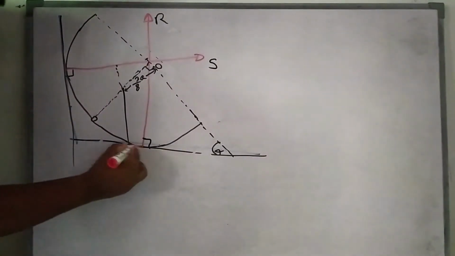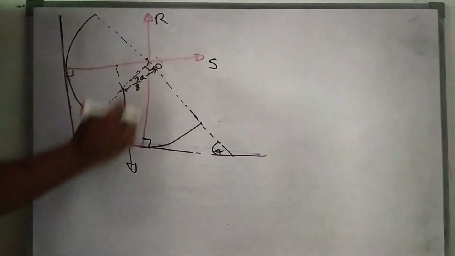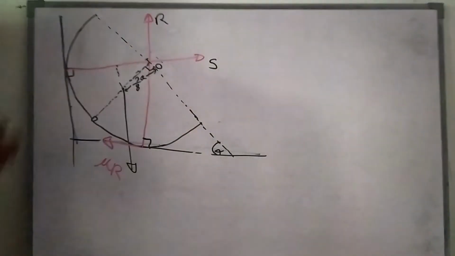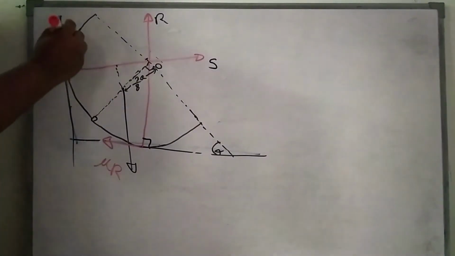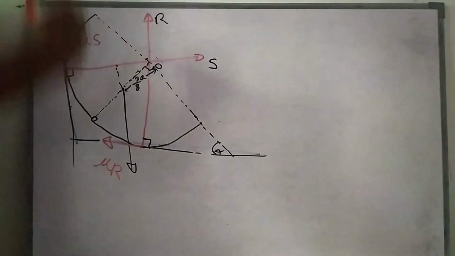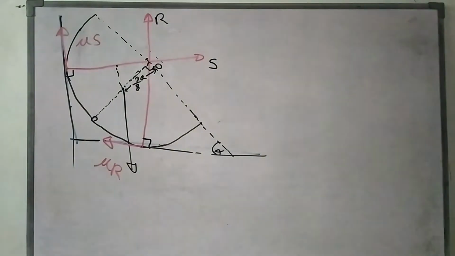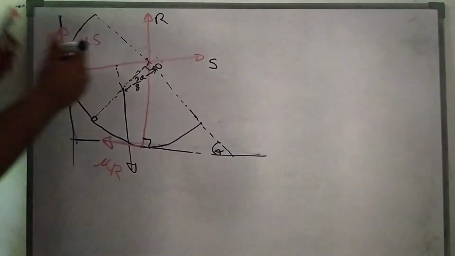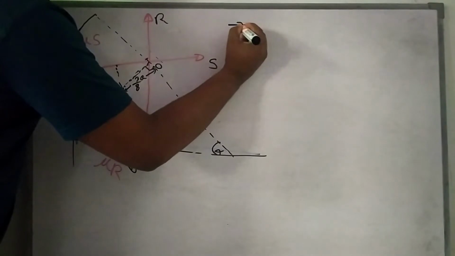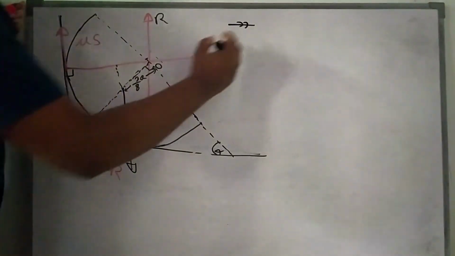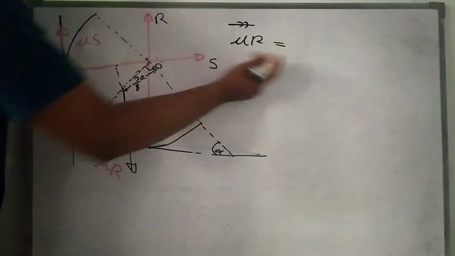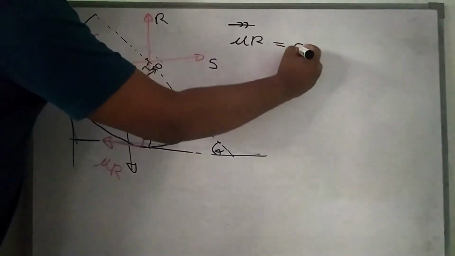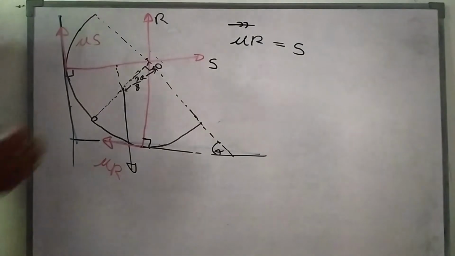So here, this is my friction, mu R, and this is my other friction, which is mu S. Horizontal forces I am taking: mu S plus mu R equals... S equals mu S, mu R.